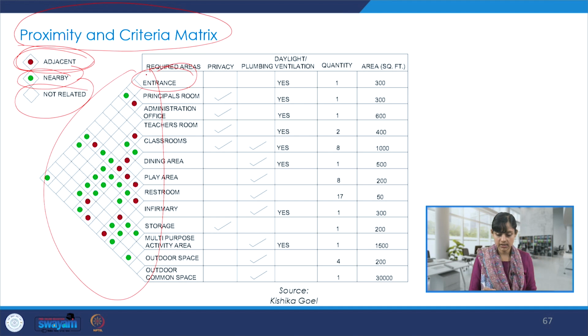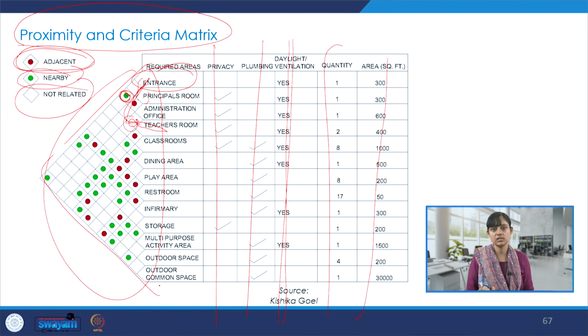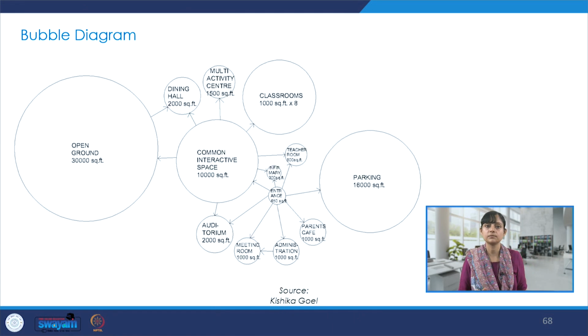So entrance, also in terms of privacy, services, daylight or ventilation, quantity, area, and then is it adjacent to principal's room, or is it having any proximity to principal's room, or is it not related at all to teacher's room. So that kind of matrix has been designed, and accordingly she then designed spaces. So this matrix is very useful and it's a good tool for interior architecture projects.